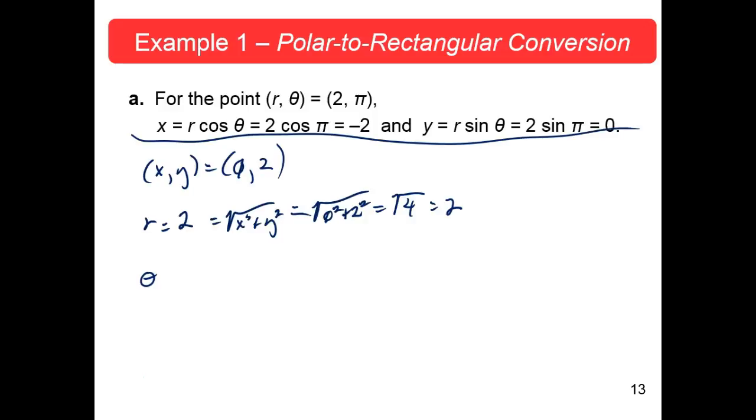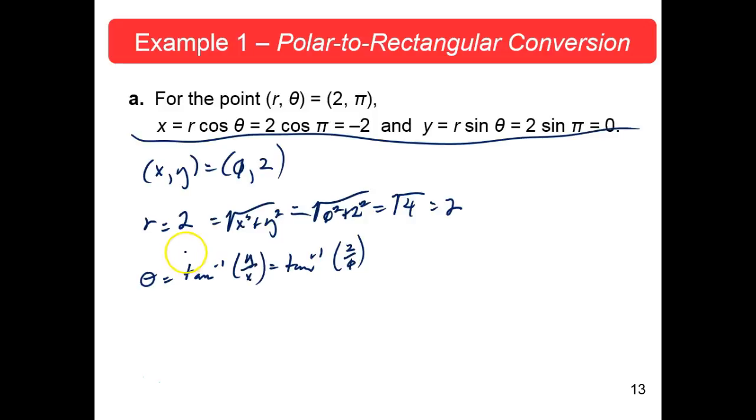But at 0, 2, we have a problem, Houston, because theta is the inverse tangent of y over x, opposite over adjacent. And what would that be here? Inverse tangent of 2 over 0. Do any bells go off? You can't do it, okay? Or, the other way to look at it, this is a vertical asymptote.